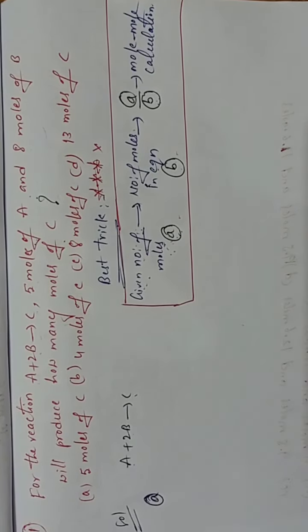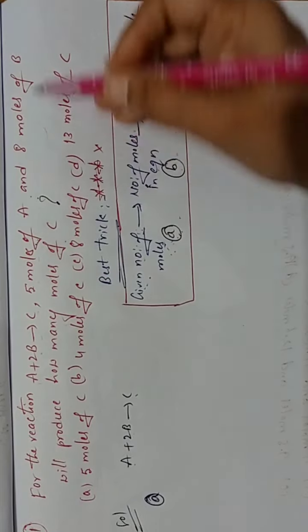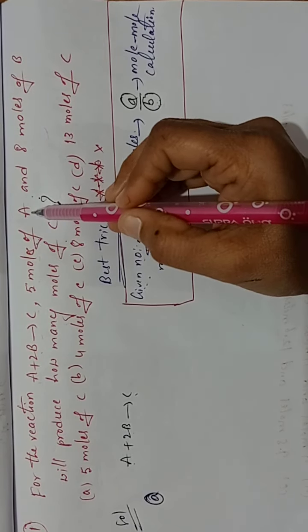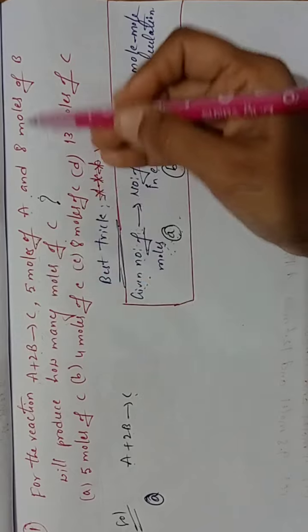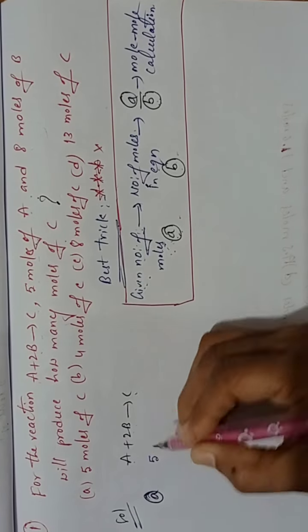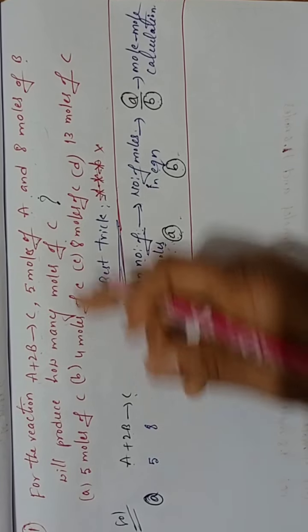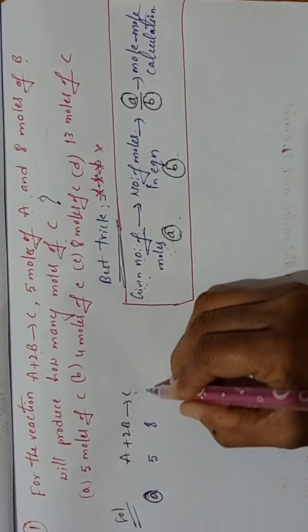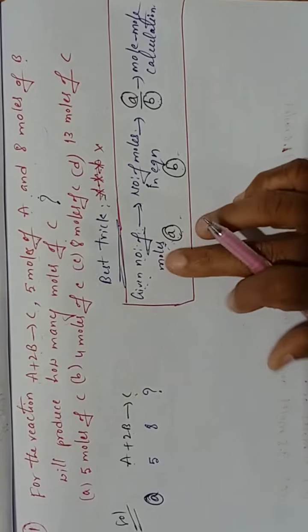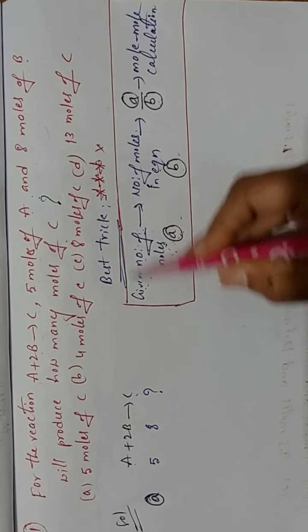A is 5 moles given, B is 8 moles given. Now we have to find the C moles, so that's a question mark. Understood? First step completed, we are only writing the given number of moles.